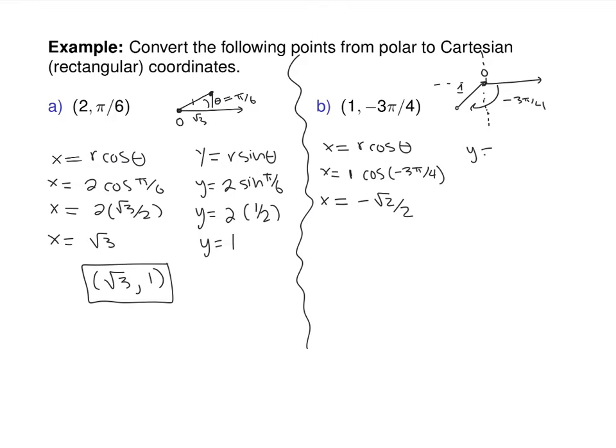And y is equal to r sine of theta. So 1 times sine of negative 3π/4. And at negative 3π/4, the sine is also negative root 2 over 2. So this point in Cartesian coordinates is (-√2/2, -√2/2).